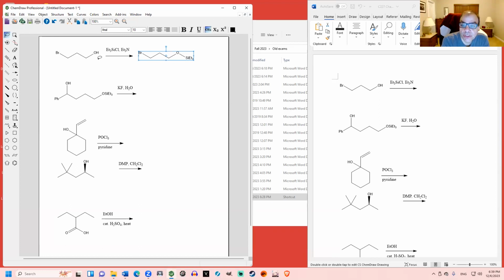It's covered so that we don't need to worry about the presence of a protic functional group that would prevent you from getting, you can't make a Grignard reagent from this. You can make a Grignard reagent from this. If you treated this compound with magnesium, you would get the Grignard reagent.